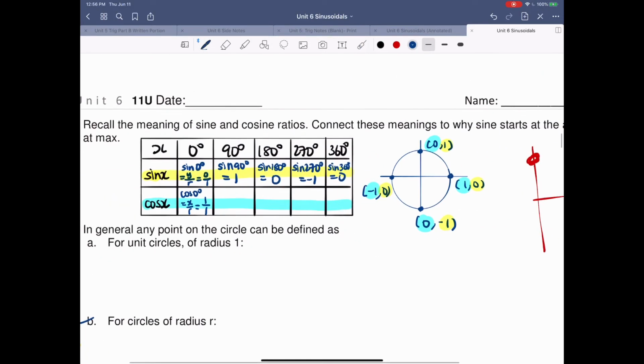For cos 90, we are right there. I'm looking at the x value and the value is 0. So hopefully you're getting the visuals now. 180 degrees, we're right there. The x value is negative 1. For 270 degrees, the x value is 0. At 360, the x value is 1.